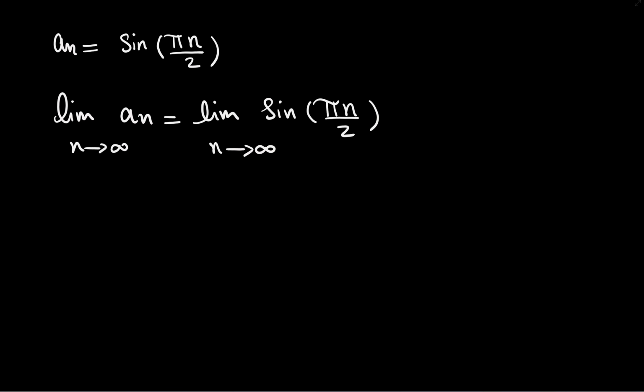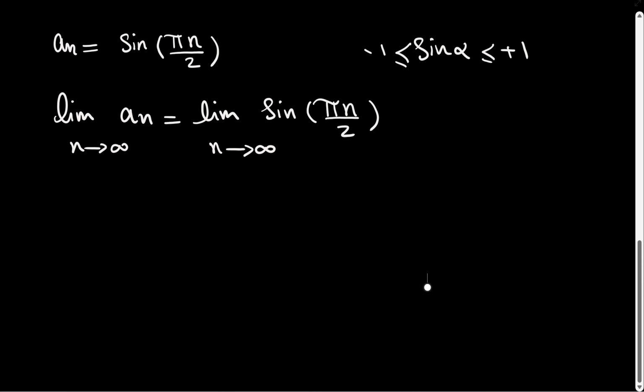The only thing that we know is that sine is always between -1 and +1. So about the sine of infinity, we know that it's between -1 and +1, but the limit doesn't exist because we don't know what infinity is. So it doesn't exist.